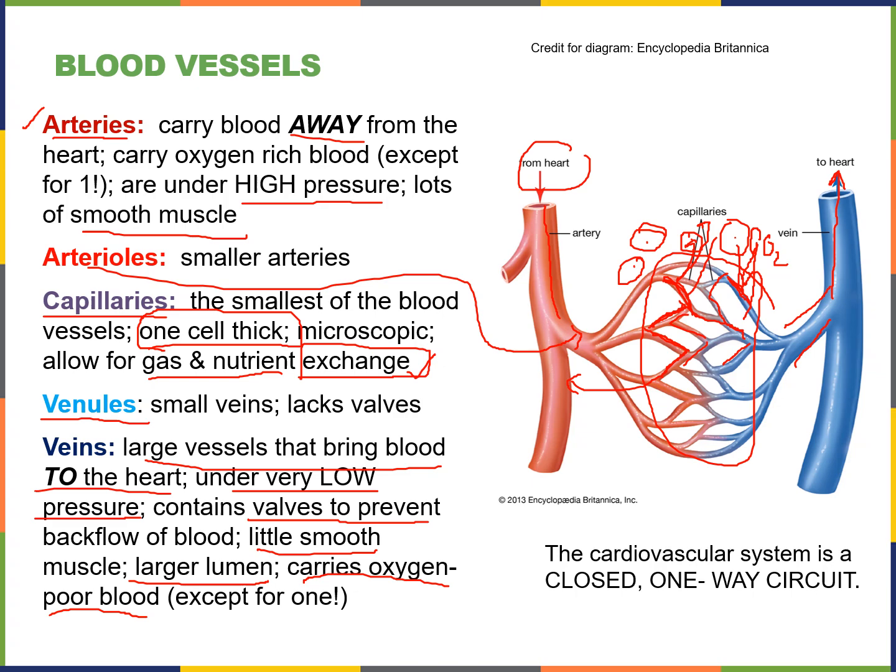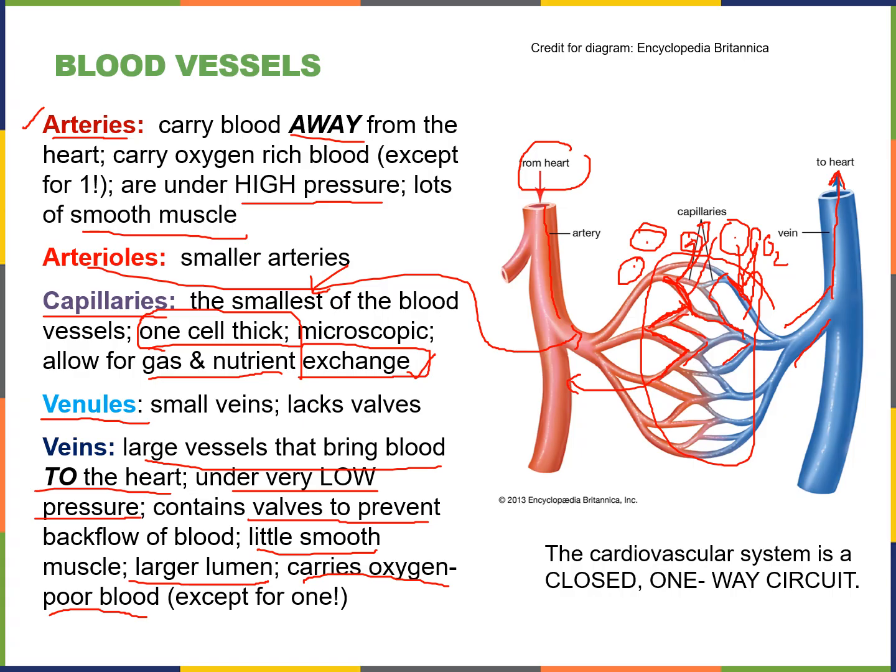They do not have any other structure. They are one cell layer thick. So they're the smallest of the blood vessels, but they're mighty because without the gas exchange occurring, homeostasis is going to become very dysfunctional if we cannot have proper gas exchange and nutrient exchange and the picking up of waste from cells.